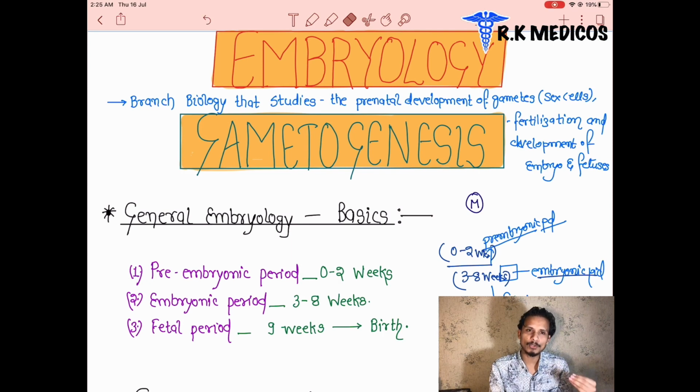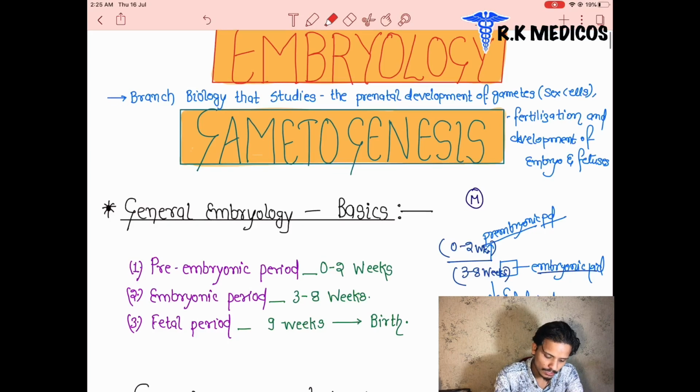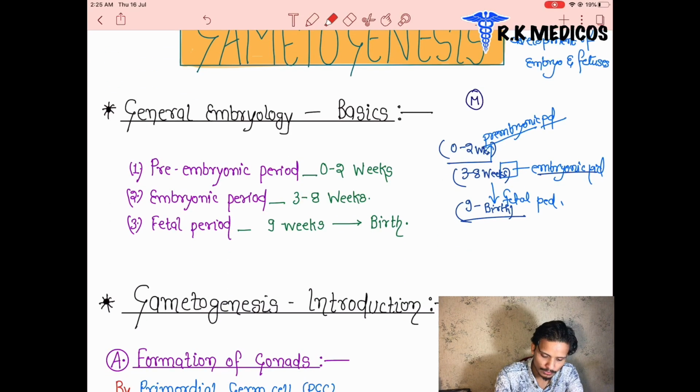There is a pre-embryonic period before the embryonic period, then the embryonic period, and after the embryonic period comes the fetal period. So these are the three periods classified in embryology.